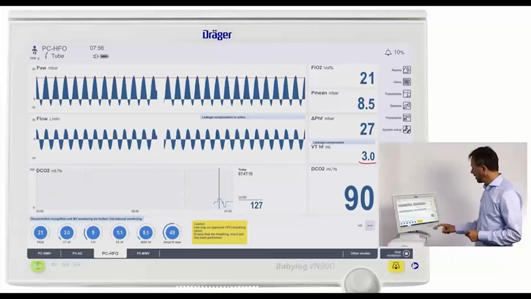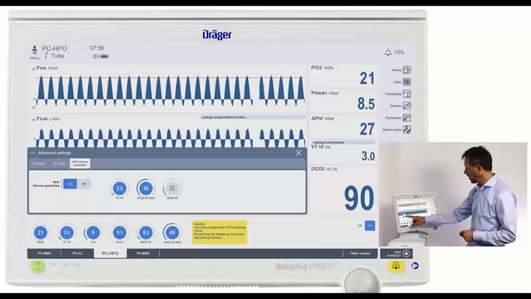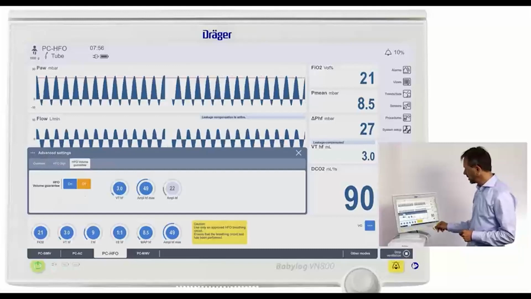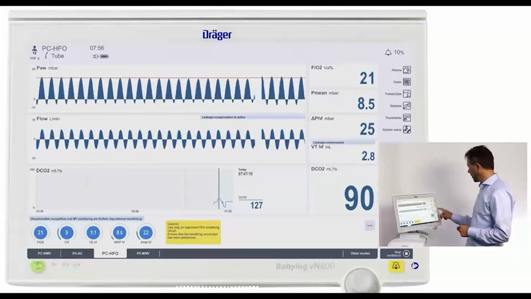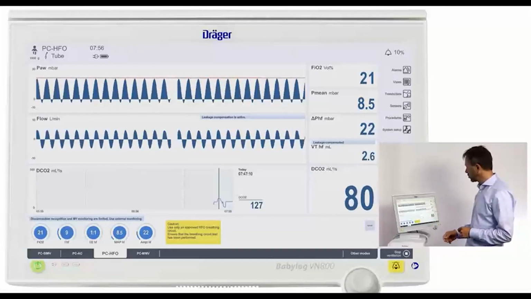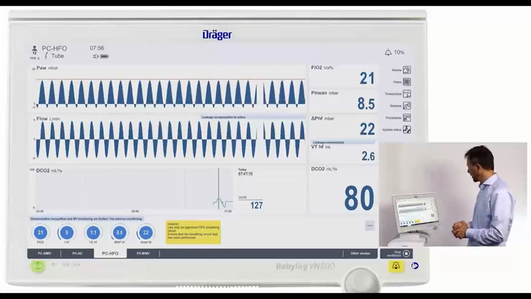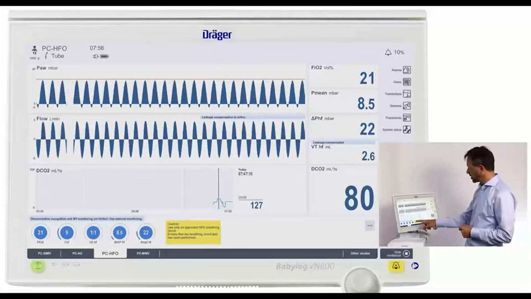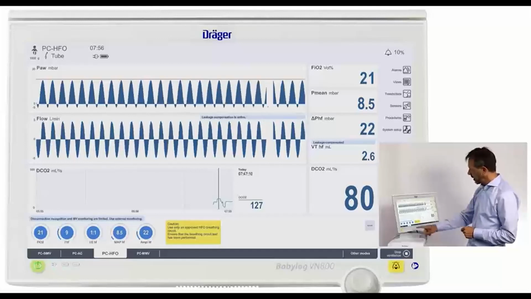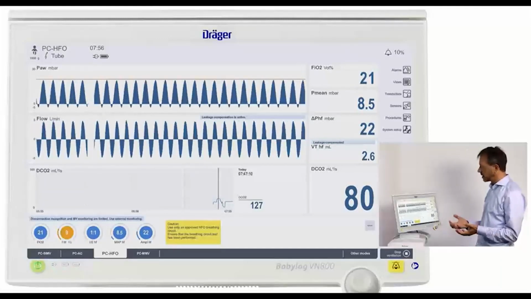However, if I now switch off volume guarantee, I'm back to the previous settings of an amplitude of 22, and I have a tidal volume of 2.6 milliliters. Now we are at 9 hertz.